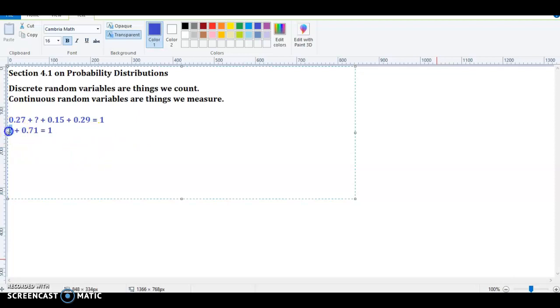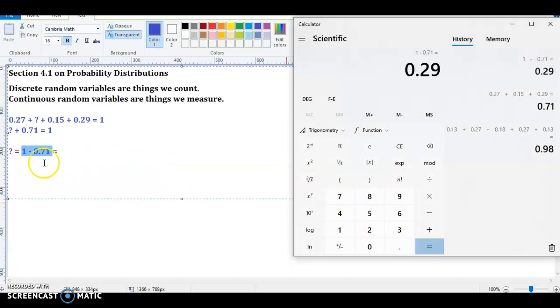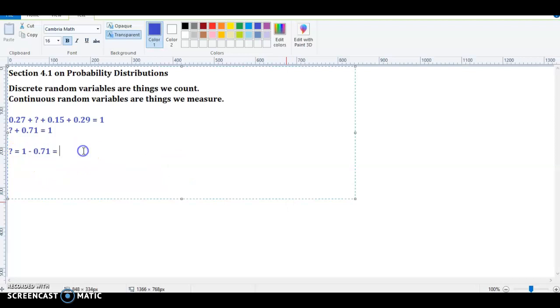So we're solving for the unknown probability. To do that, we're going to subtract 0.71 from both sides. So the question mark is equal to 1 minus 0.71. You can do a quick mental calculation, or put that into your calculator. So 1 minus the total of the other probabilities will give you the unknown probability.